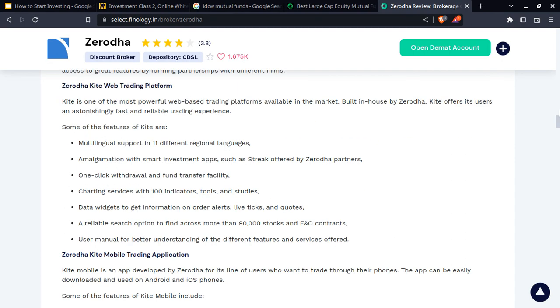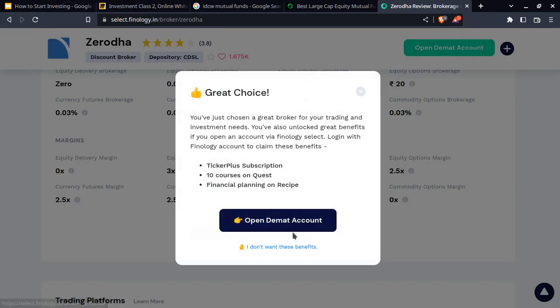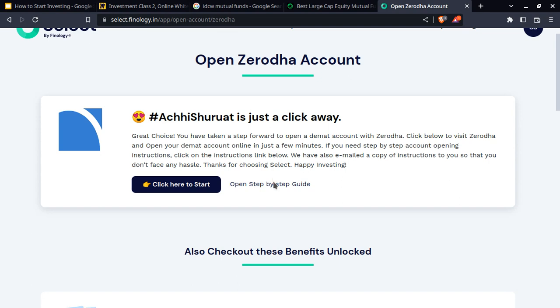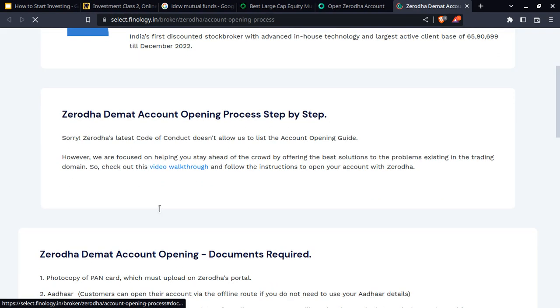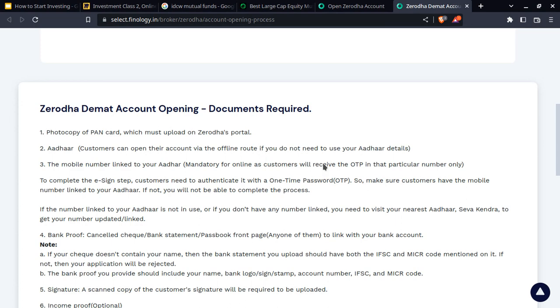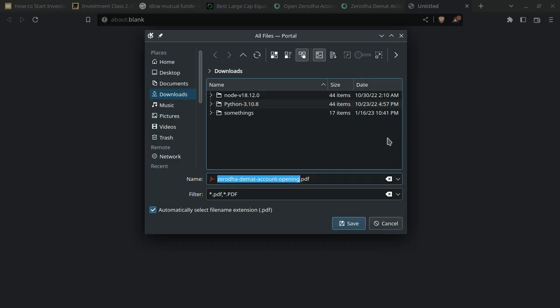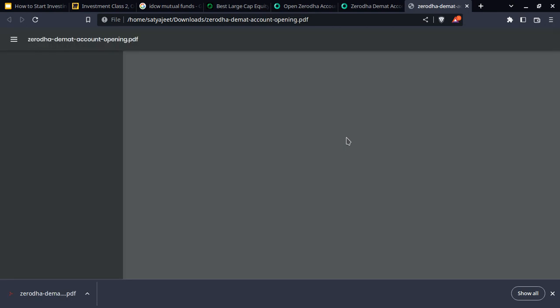And if you want to know how to open a demat account with those brokers, just click on open demat account and open the step by step guide. Either they will explain here what things are required and how to open, or you can just download the PDF, read it and open your demat account.